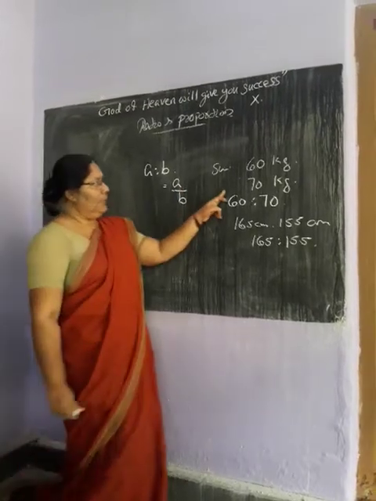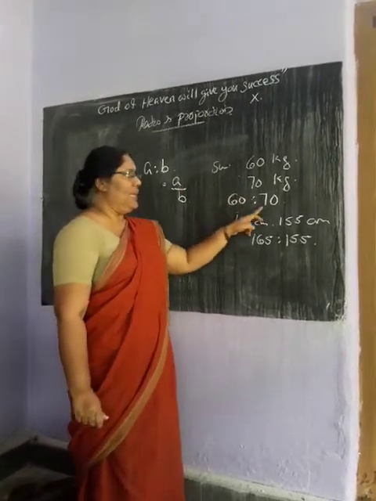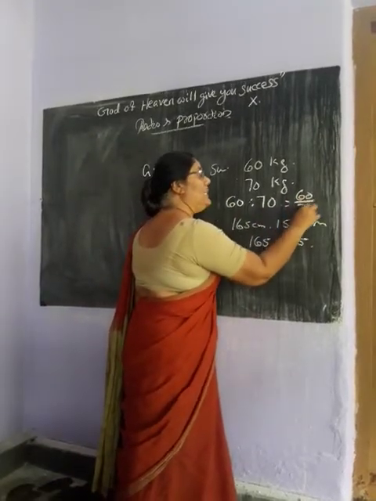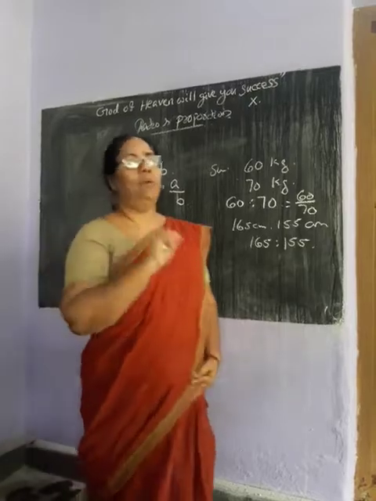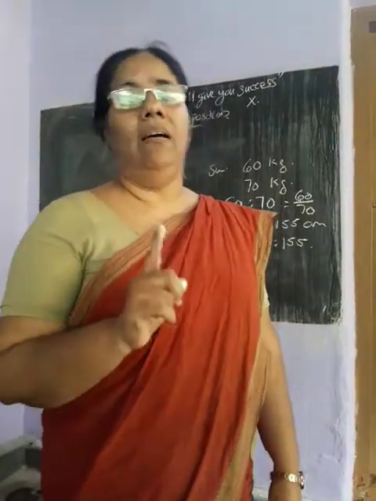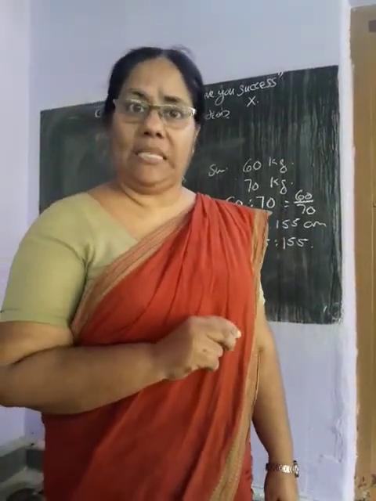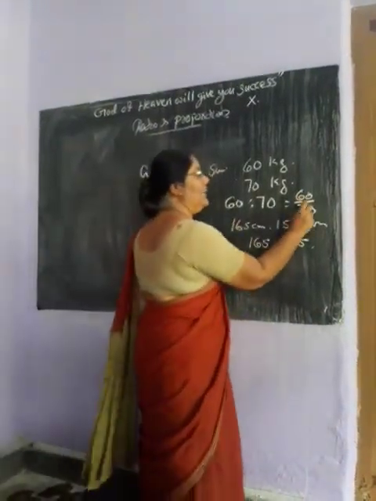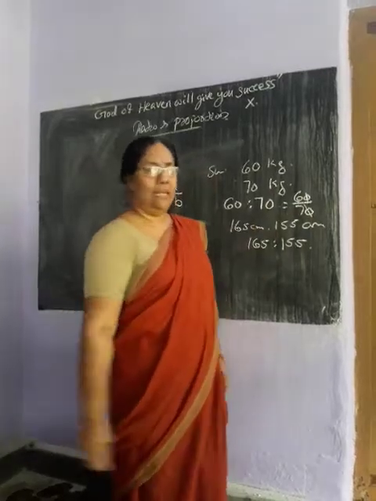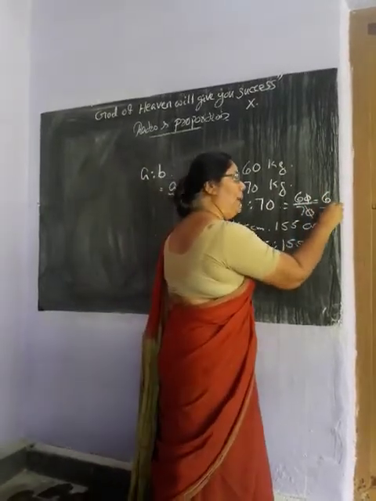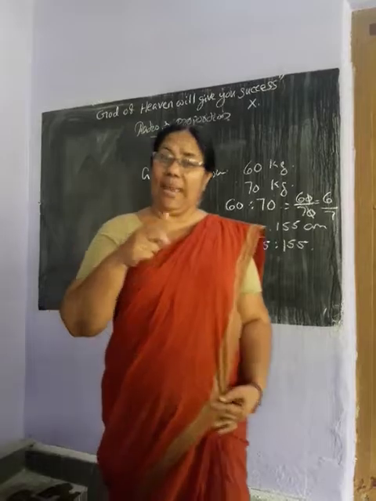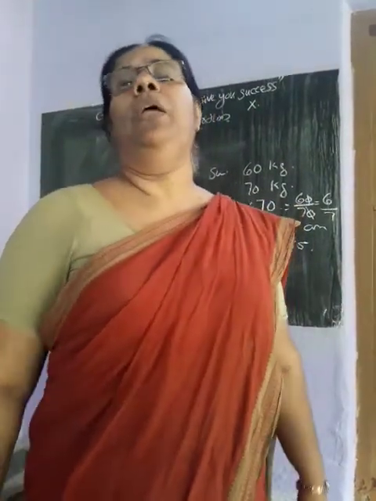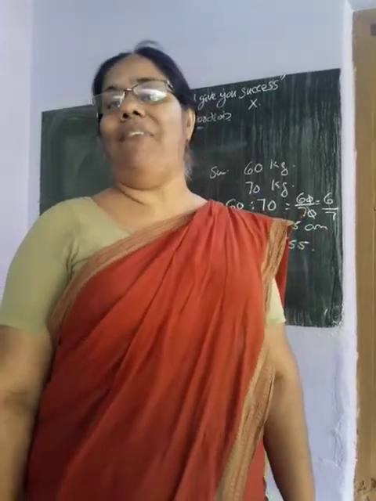Look here. The first one, 60:70, means 60/70. And remember one thing, always write the ratio in its lowest terms. Therefore, how can you write this 60/70? 0 cancel. Therefore, that is 6/7. When the question says write in the ratio form, you have to write 6:7.